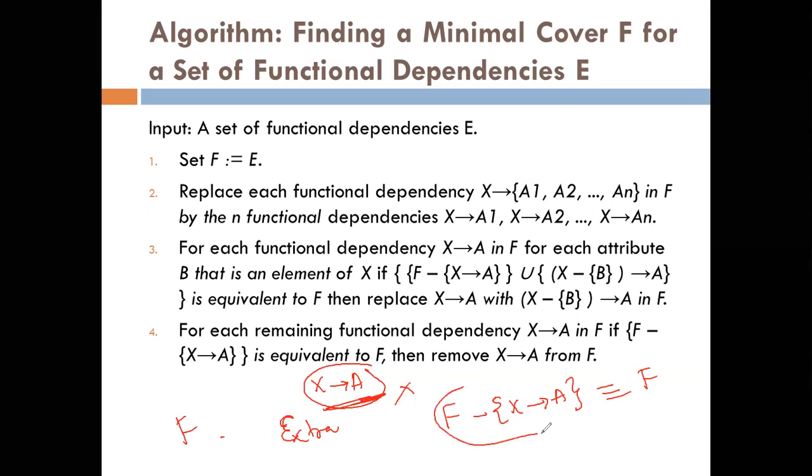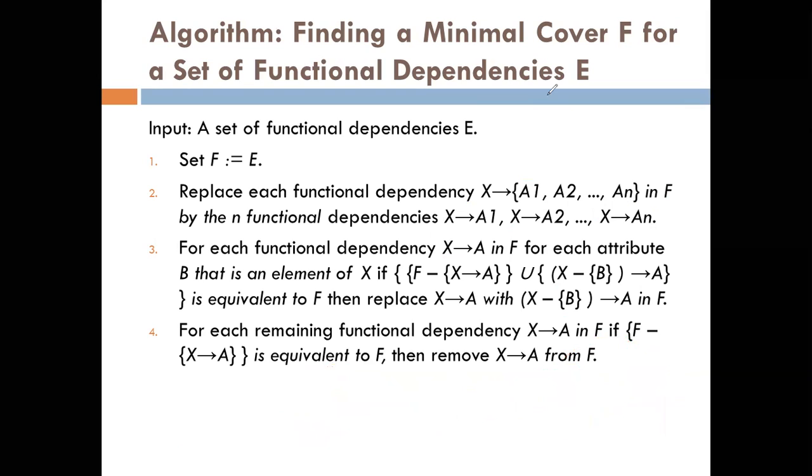Two sets are said to be equivalent if this covers this one and this covers this one. So previously we saw when we say two sets of attributes are equivalent. So if this is equivalent, then this particular functional dependency can be removed. Then what happens? One functional dependency gets reduced.